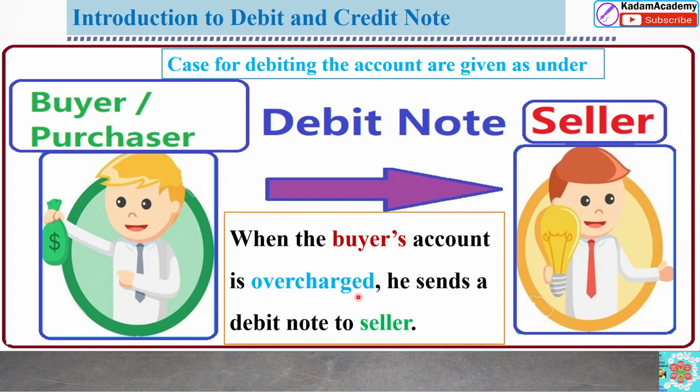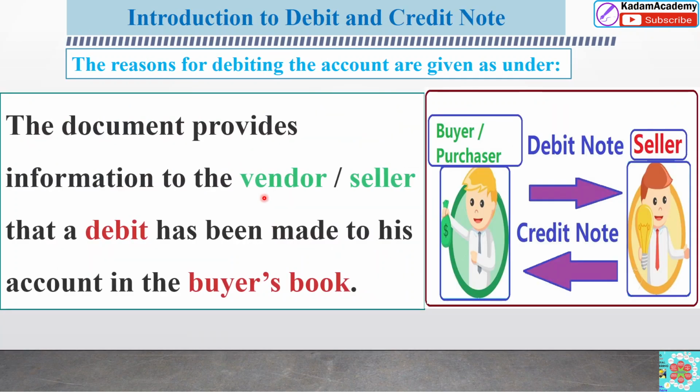So that overcharged amount is reduced by this debit note. The debit note is given by the buyer to the seller to reduce it, and the seller gives us a credit note for this 10 rupees extra amount. So this is the example to make it clear.